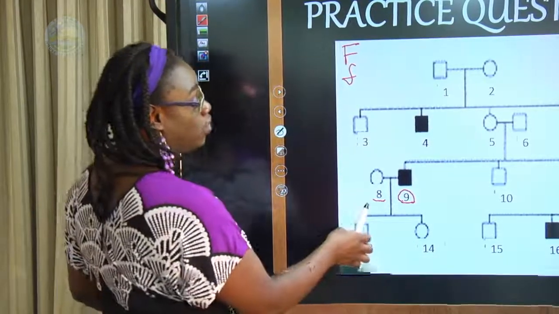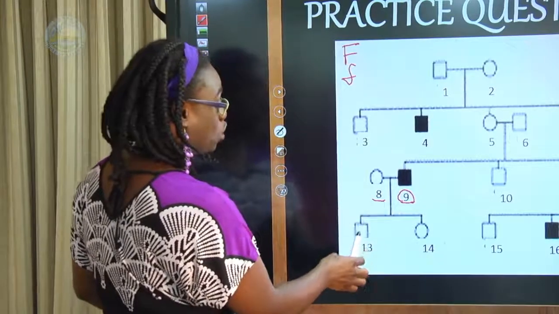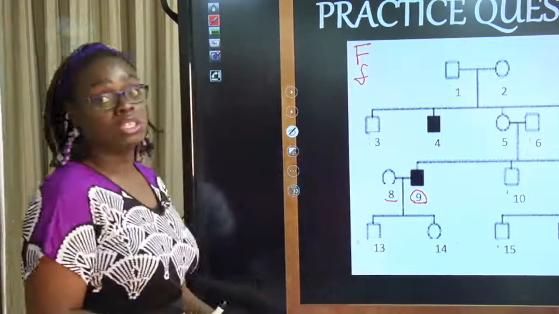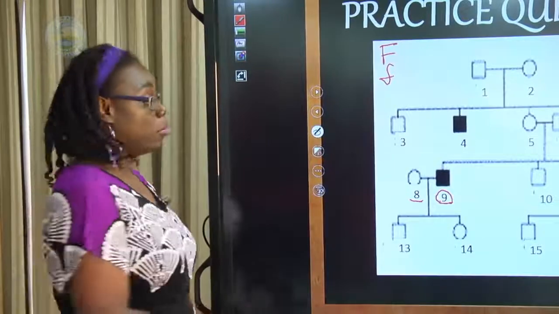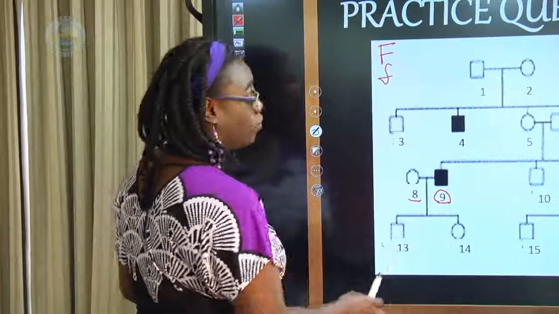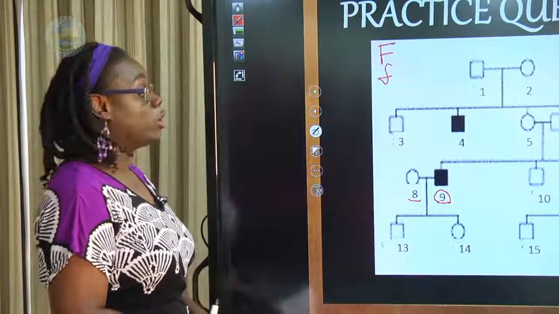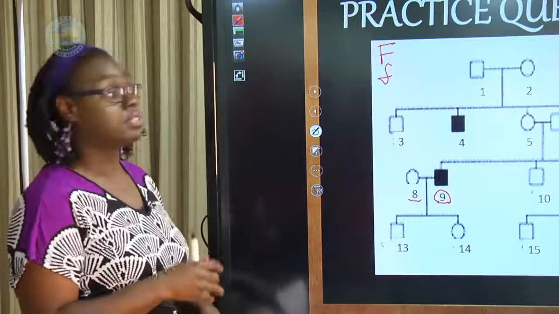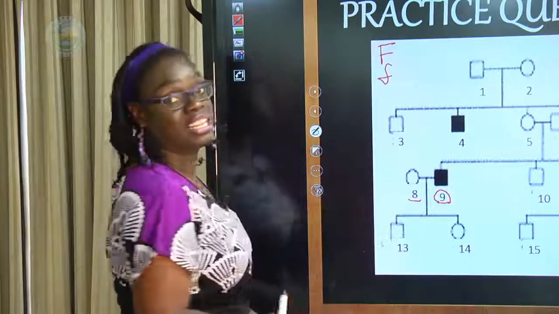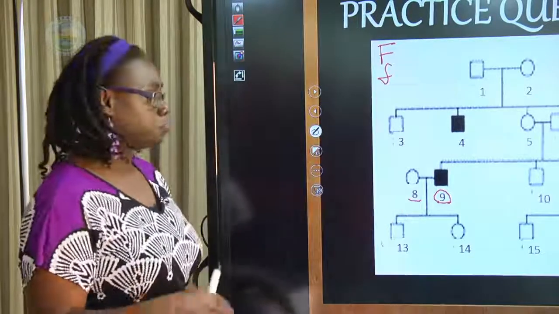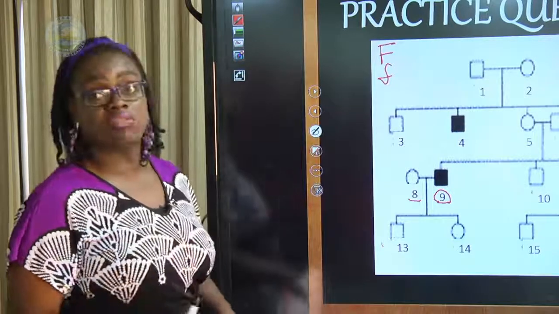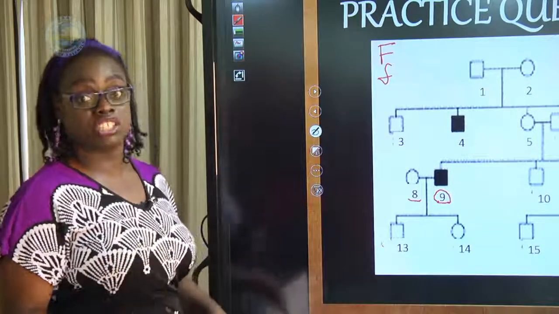So in order to figure that out, we also need to look at the offspring. And we are going to have to make a big assumption here because none of the offspring have cystic fibrosis. So we're going to make the assumption in this case that individual 8 does not have any recessive alleles to pass on to the next generation.